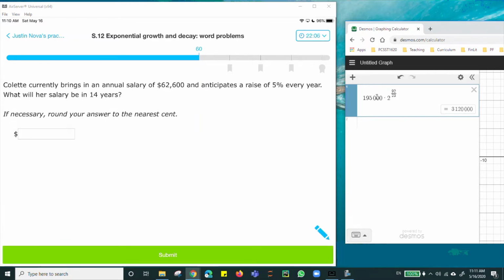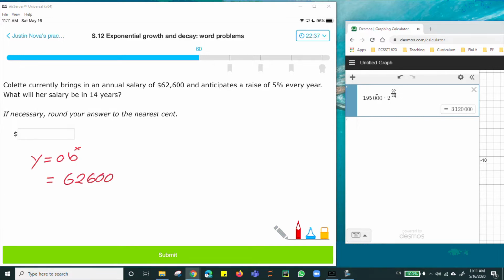In this case, there's no half or double, so we have percent. So we're going to look at increase or decrease, and depending on that we're going to answer this question. But still, we're going to use the same formula, y is equal to a times b to the x. So currently brings in an annual salary of 62,600, which is the a value, and anticipates a raise of 5%.